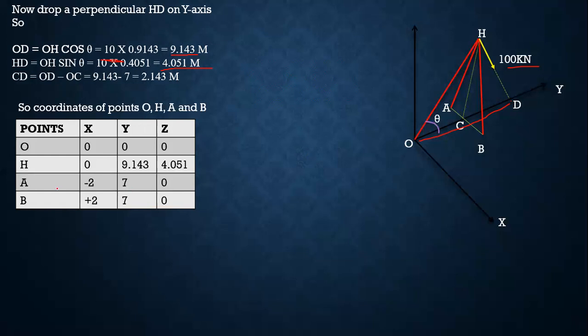Same for A and B. A is minus 2, since from the Y plane it is on the opposite side, so it will be negative, and B has positive coordinates, so it will have a positive value.